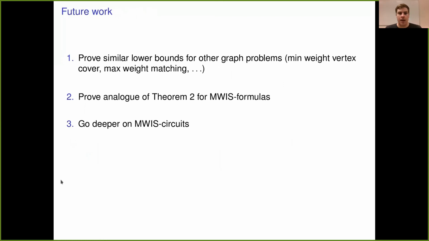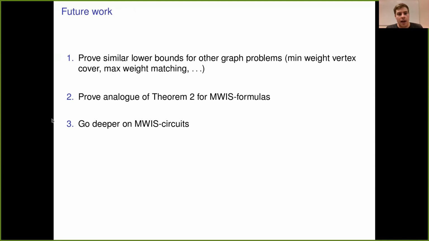Okay. And finally, what I think are great directions for future work: there are at least 3 natural directions. First, one could prove similar lower bounds for max-plus or min-plus tropical circuits for other graph problems, like minimum weight vertex cover or maximum weight matching.